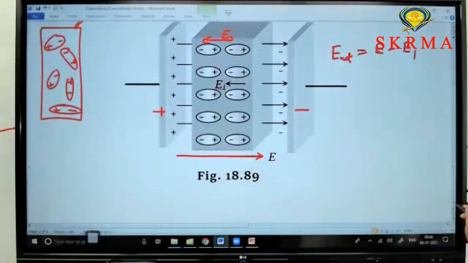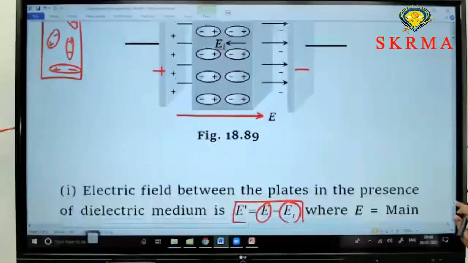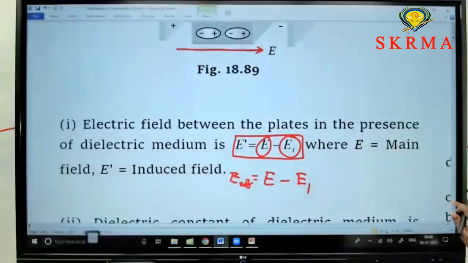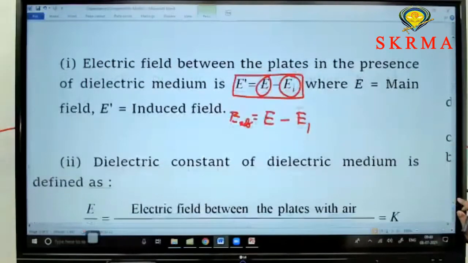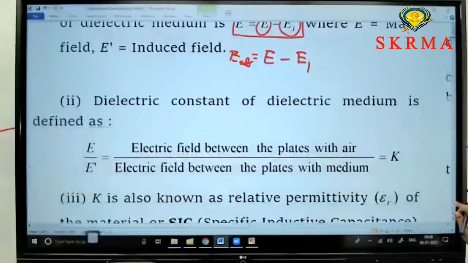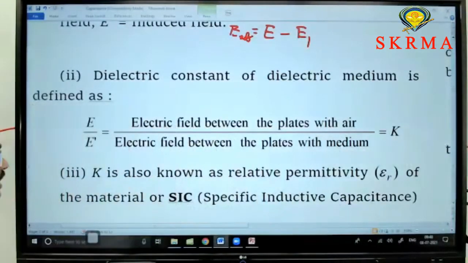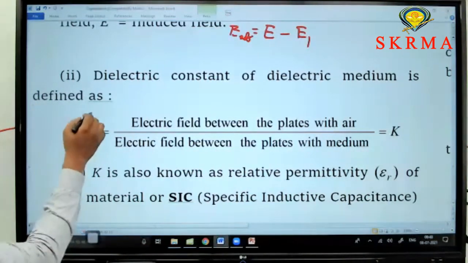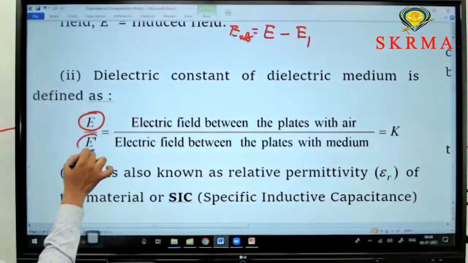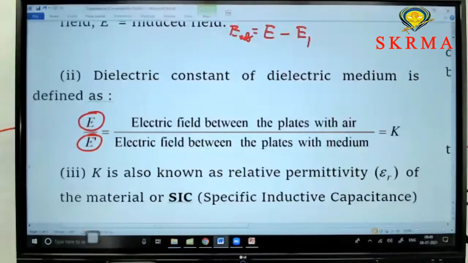dielectric constant. The next formula is for the dielectric constant. What is the value of the dielectric constant? The dielectric constant of a medium can be defined as the ratio of the original electric field to the electric field within the dielectric.